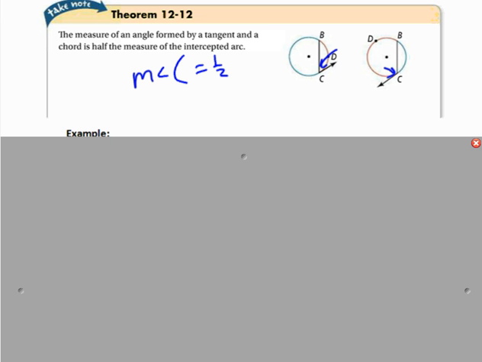So looking at this one, it would be BDC. It's half of that one. Okay, we've still got the same thing. It works for half of the intercepted arc, the tangent and a chord would make the same thing as an inscribed angle, sorry.